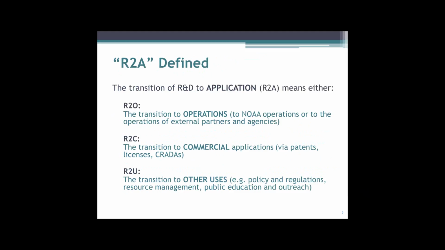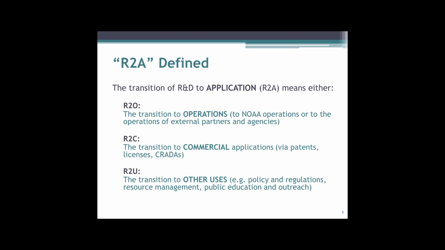Research to application is defined to mean one of three flavors: research to operations, which is the main category that we're dealing with in the Weather Service; research to commercialization, which is the application of patents, licenses, and so on to commercialize some of the R&D that gets developed.